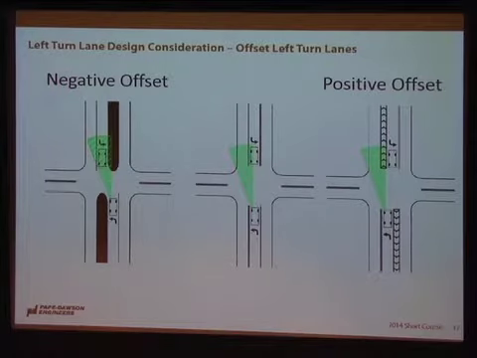Of course, when it's lined up more straight across, his view is a little bit better. But if you put in a positive offset, and of course you've got to have the median width in order to do this, you can actually open up his view angle to see approaching traffic much better, so he could actually make a safer turn through those gaps.